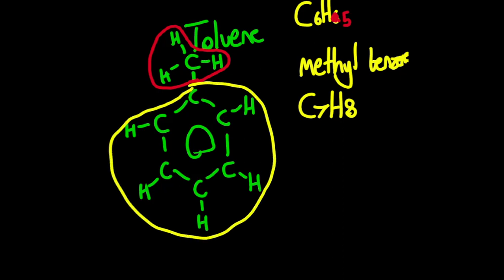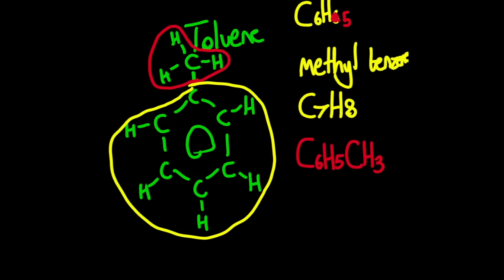So instead I could name this C6H5, and then I add this on the end of it, CH3. Okay, that's another way that I can write my formula out.